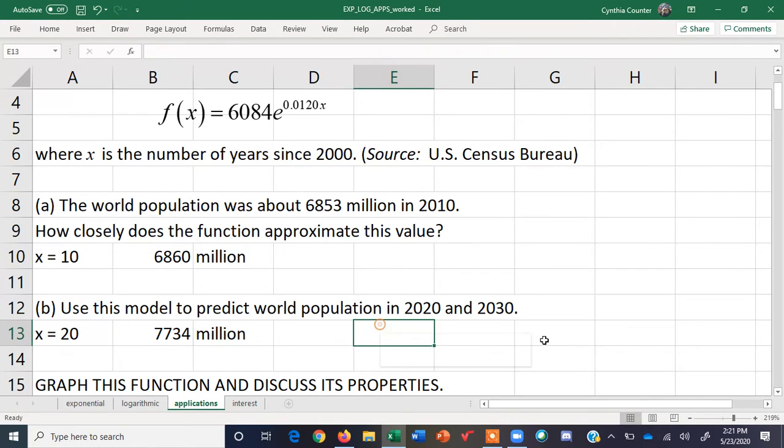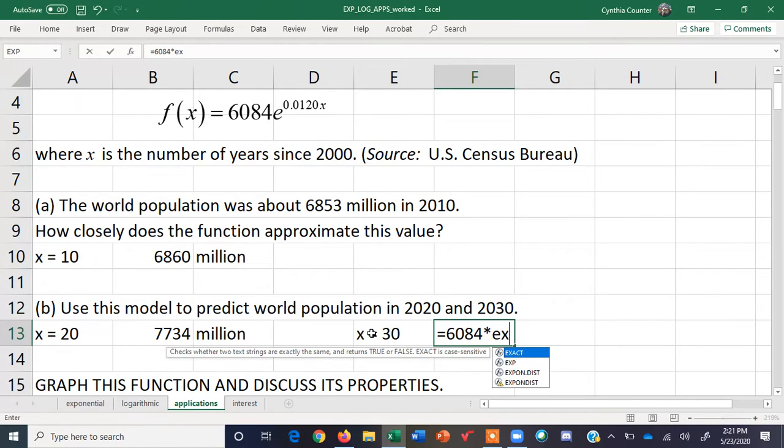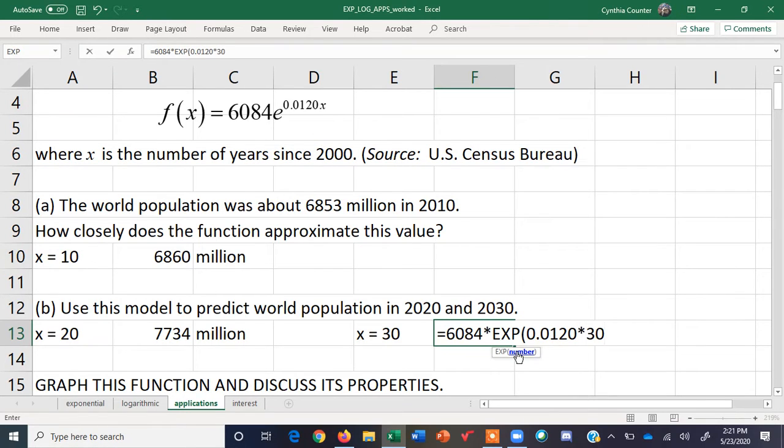Then for 2030, where x equals 30, we get equals 6084 times exponential of e to the power of 0.0120 times 30 this time. We get 8720 million.